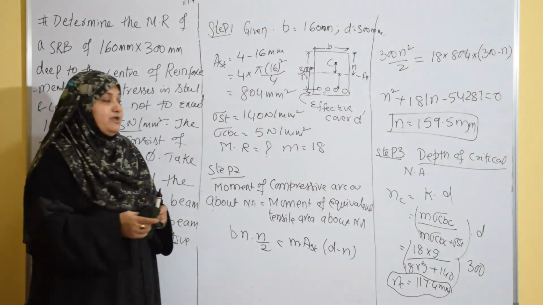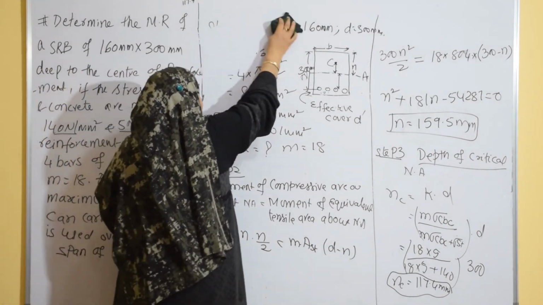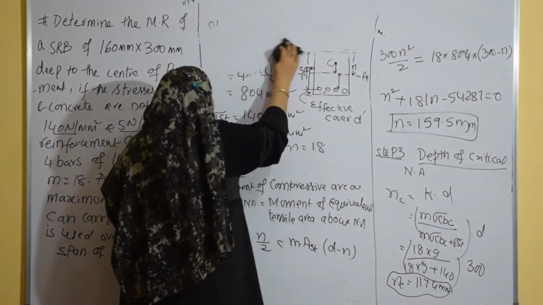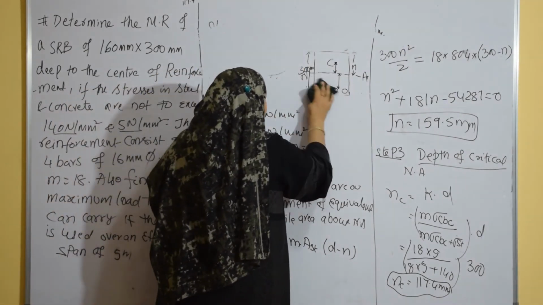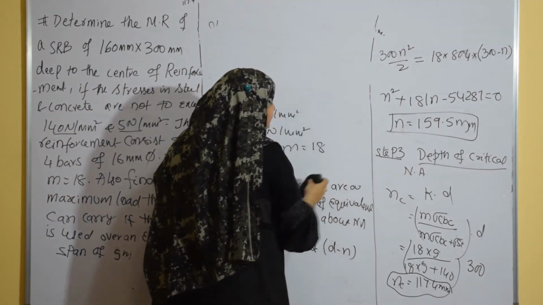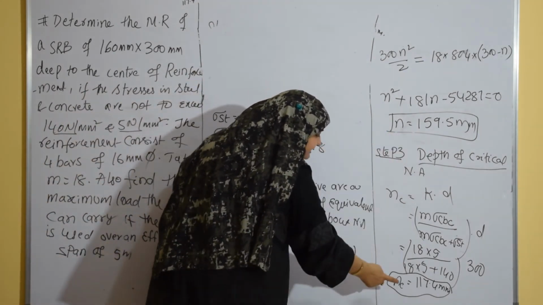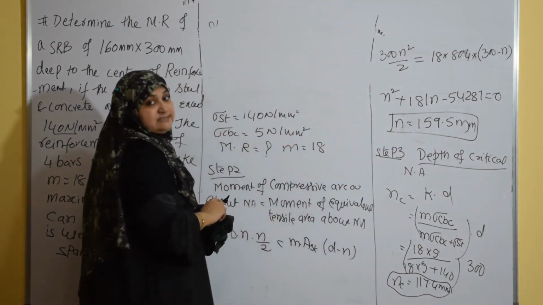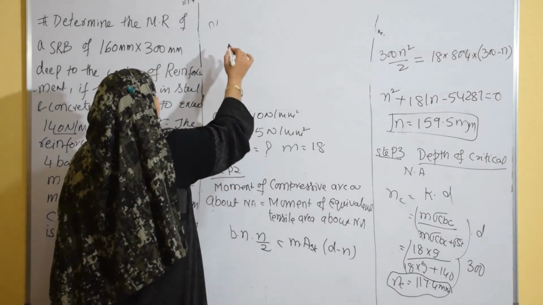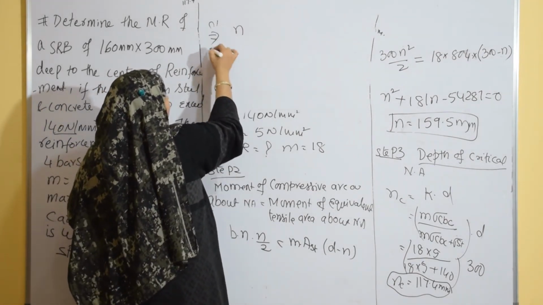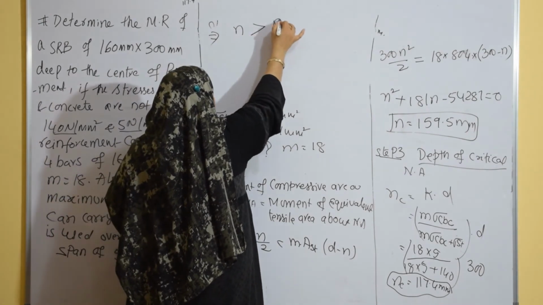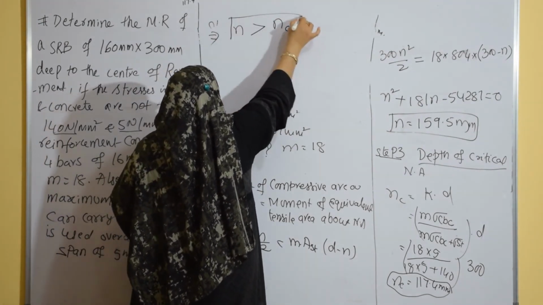Now we have to compare whether it is more or less. You can see the depth of neutral axis is 159.5 and the depth of critical neutral axis is 117.4. Fine. So we can conclude that the depth of neutral axis is more than the depth of critical neutral axis.